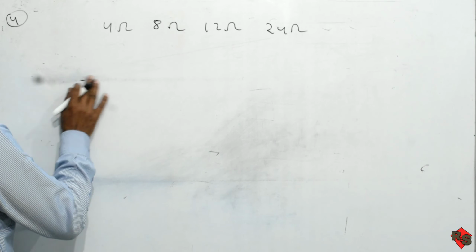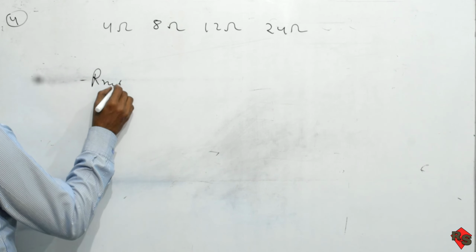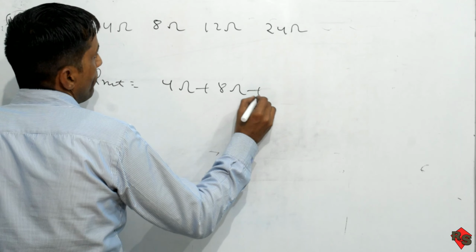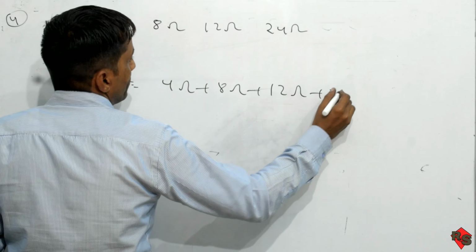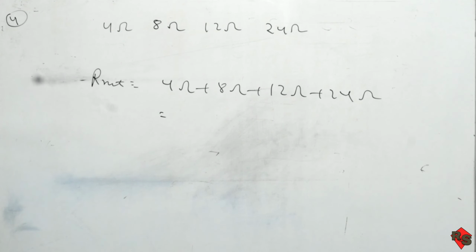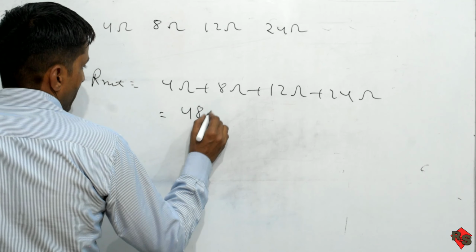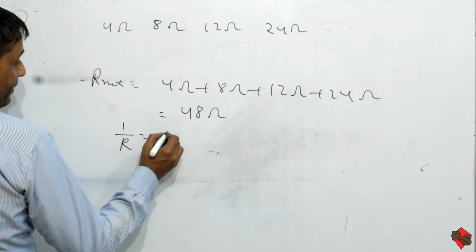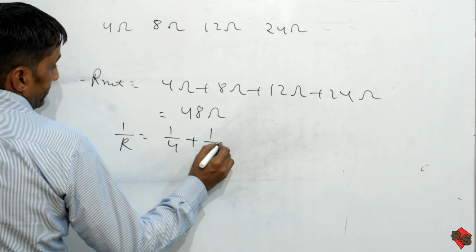So highest in series, R net is equal to 4 ohm plus 8 ohm plus 12 ohm plus 24 ohm. If all are connected in series, then it is the highest, that is 48 ohm. And if all are in parallel, then that is the lowest.